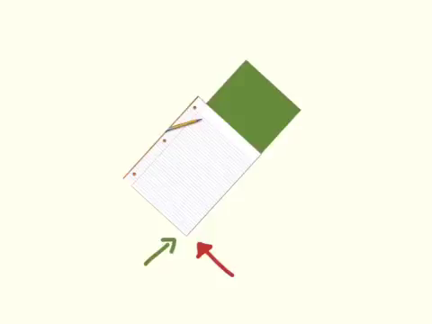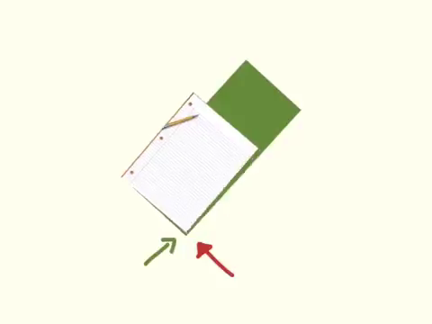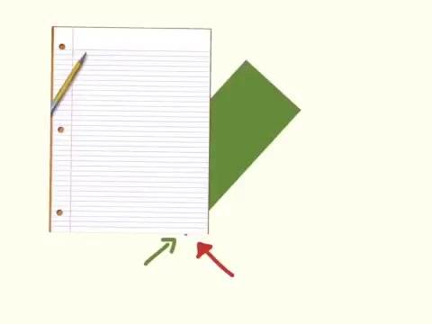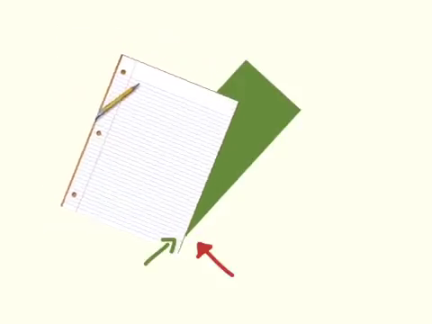Well, that means that it's perpendicular, because the corners of a paper are always perpendicular, right? The edges of a paper are perpendicular, right here and right here. So I can take a piece of paper and stick it in the corner to find out.